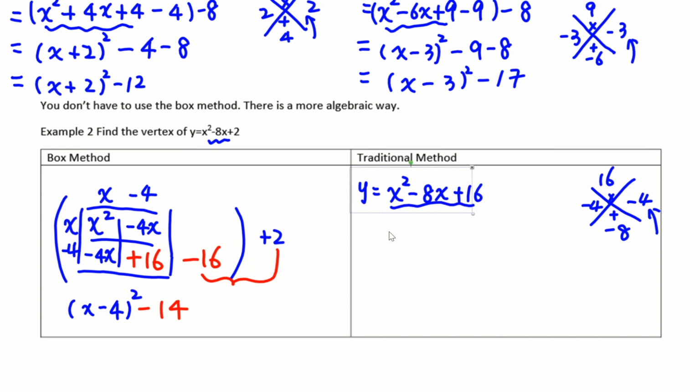Then we could have x minus 4 bracket squared. And don't forget, we need to minus 16, then make this one 0, and copy the constant term here. So minus 16 plus 2 gives you minus 14, then it's done. So after that, we are going to just practice more.